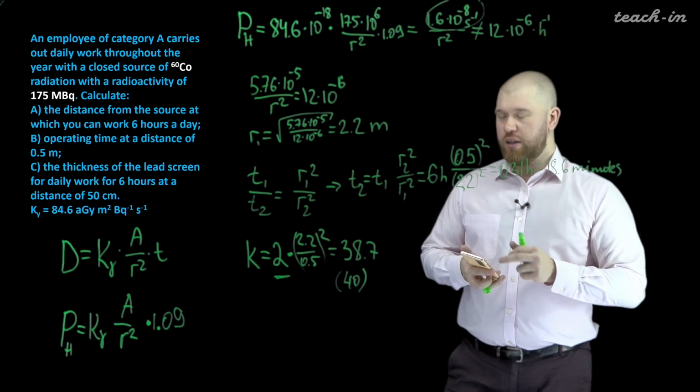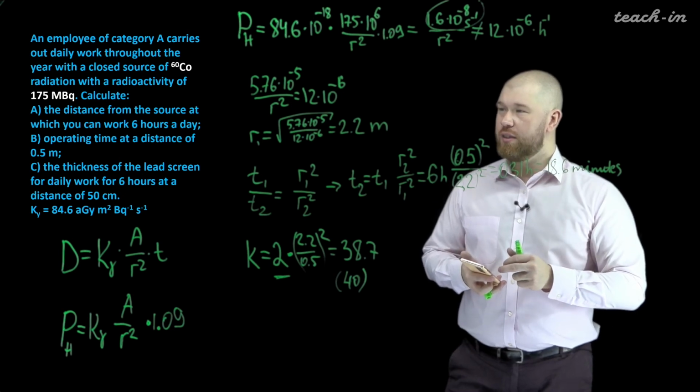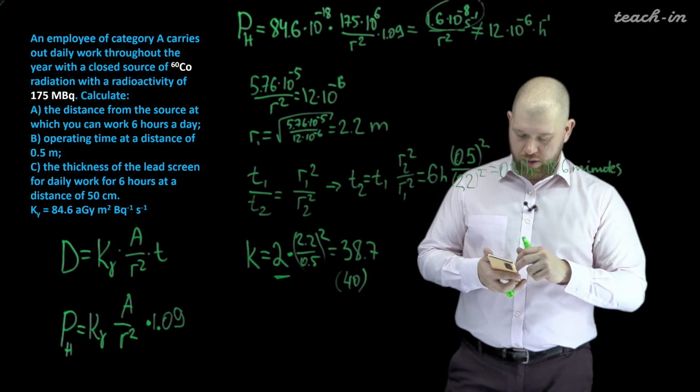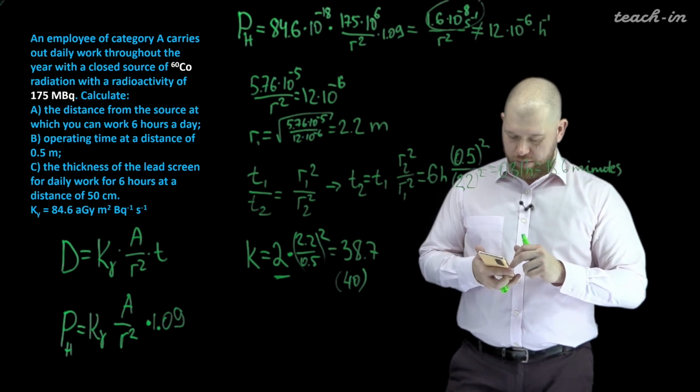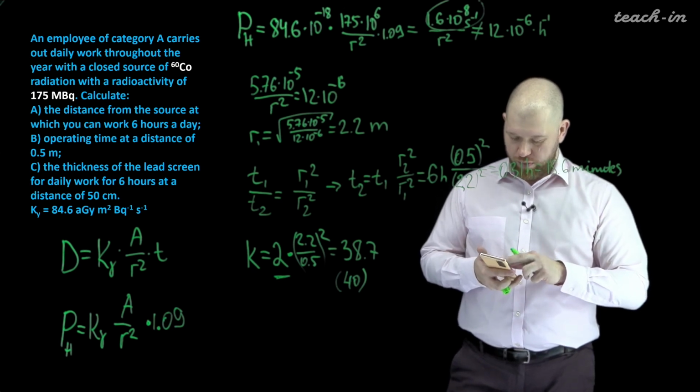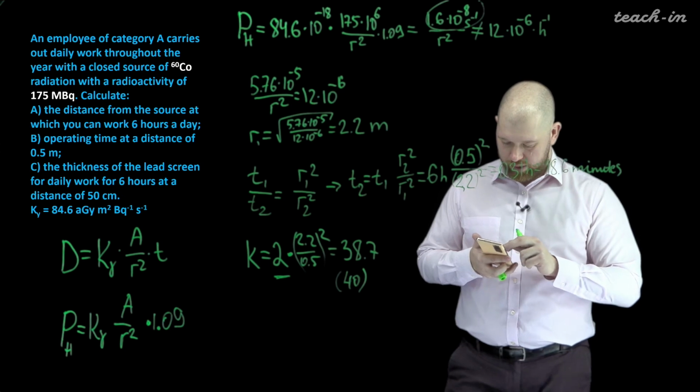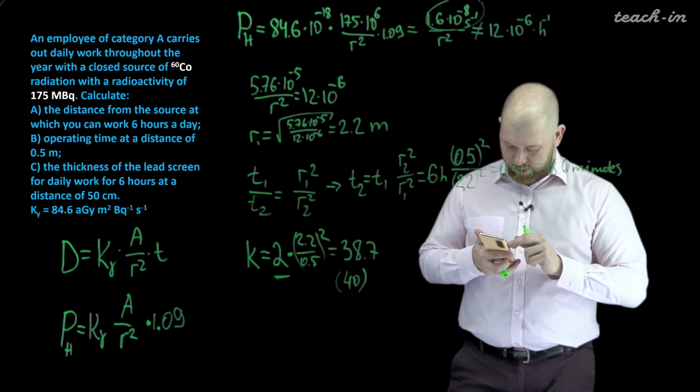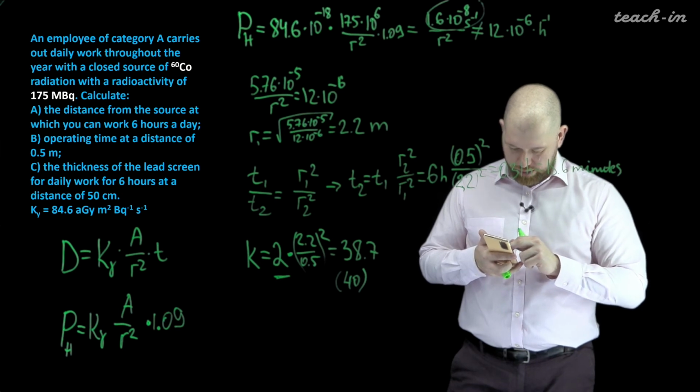And the energy of cobalt-60 gamma rays, the maximum energy of gamma rays is equal to 1,300 something. I will check it more precisely.